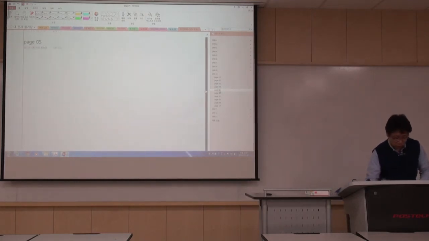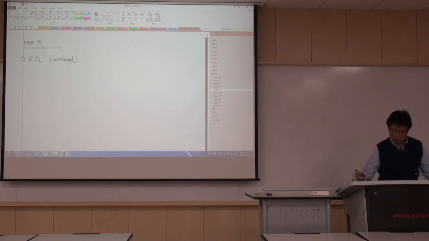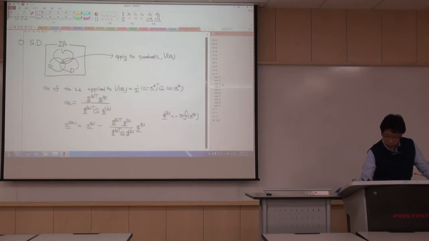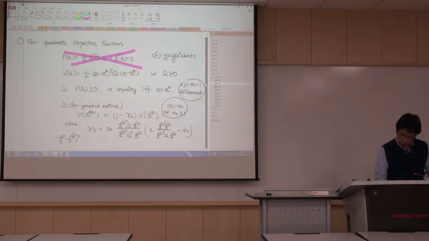Okay, continued. And now let's have some computation. But before doing that, it seems that I missed one important property here. Let me see. Just a second. Yeah, here goes the third property.